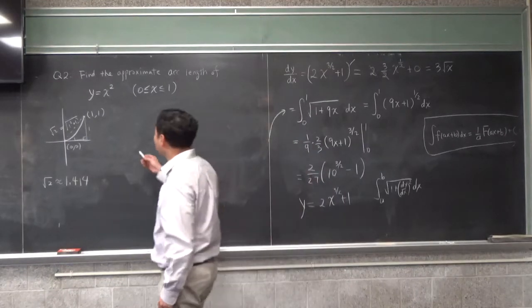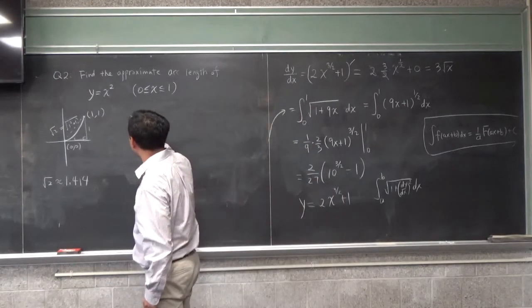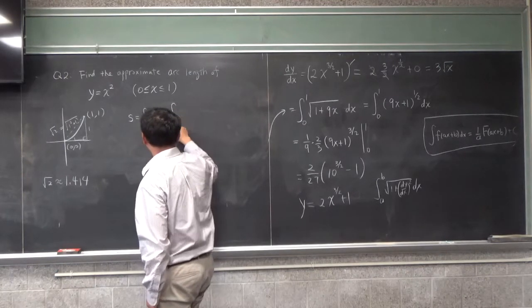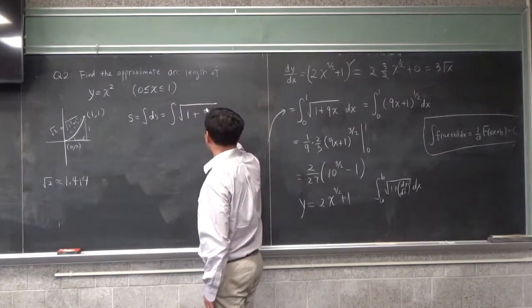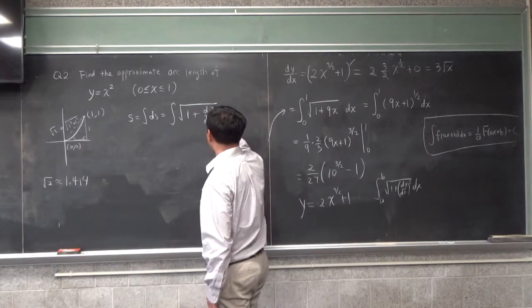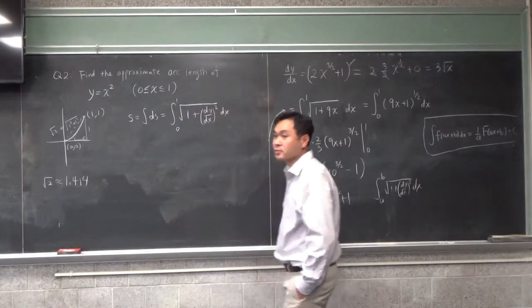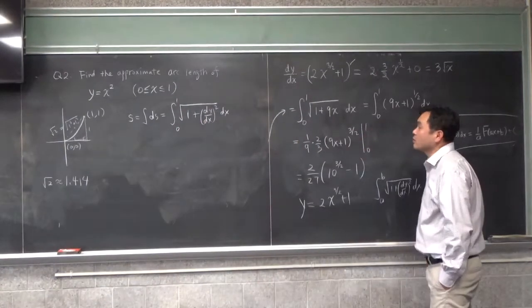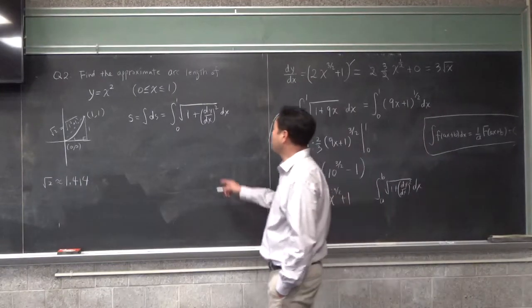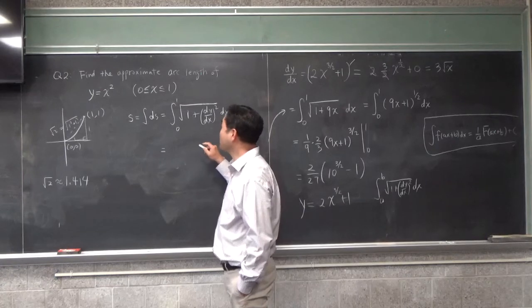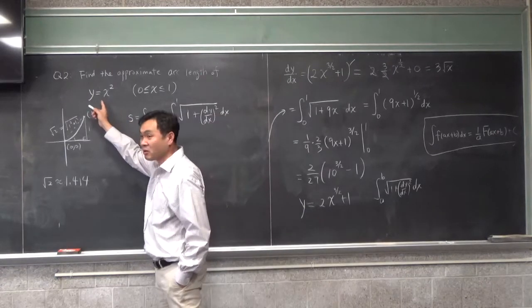So if I try to do the solution, the formula would be the integral from 0 to 1 of the square root of 1 plus (dy over dx) squared dx. And dy over dx is 2x, that's the derivative of this one.